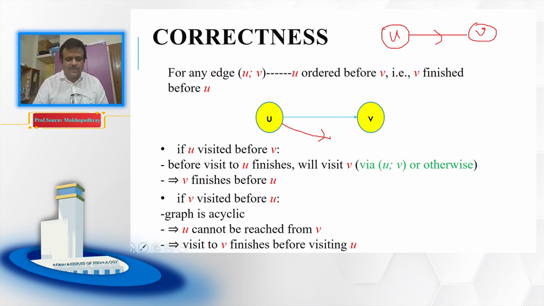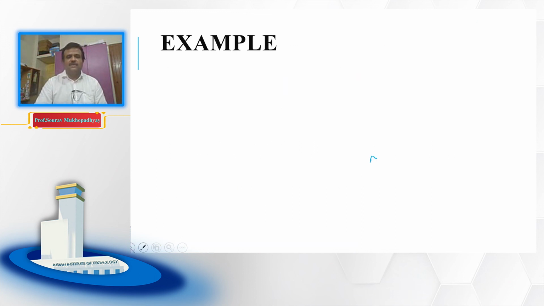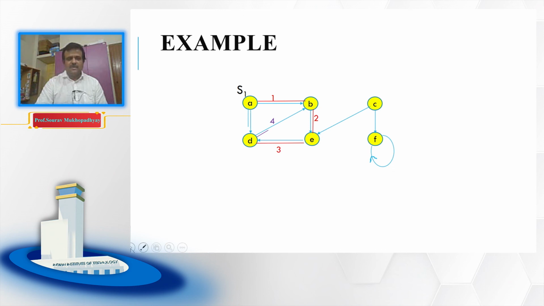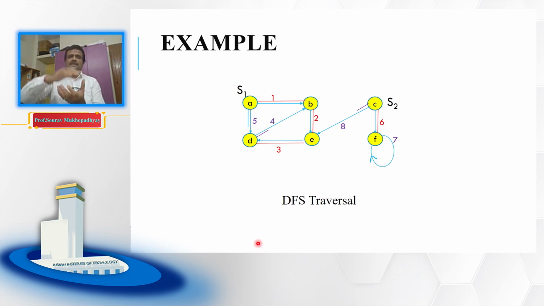Now, the question is what we cannot do with DFS which we can do in BFS. In breadth first search, we did level by level exploring from a source vertex, and that will give us the shortest path.